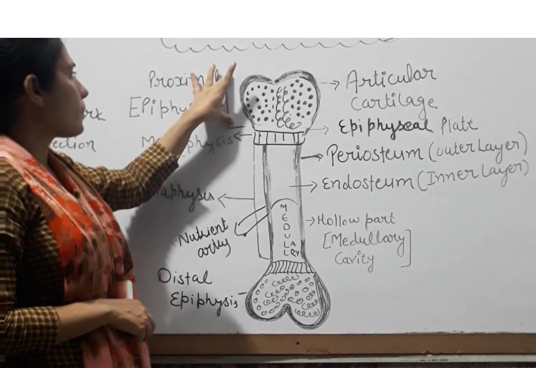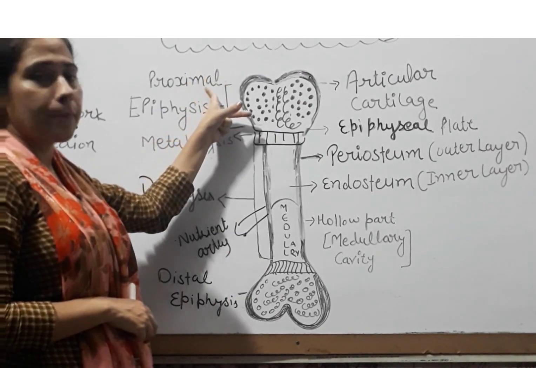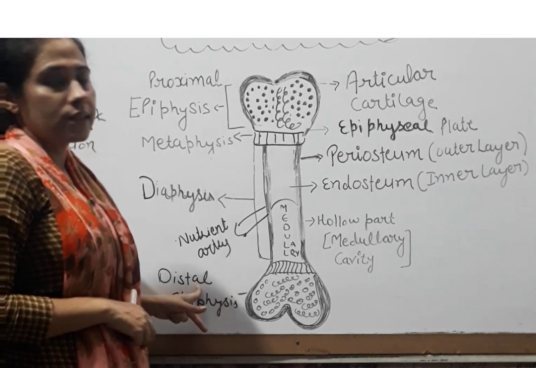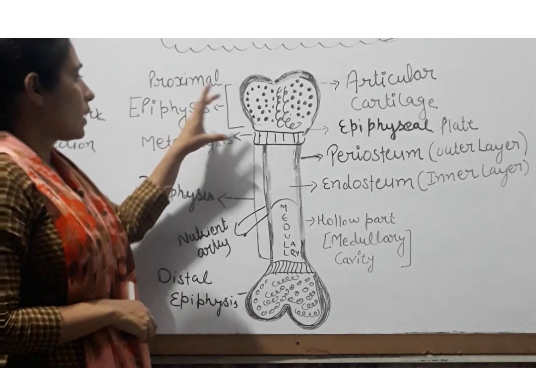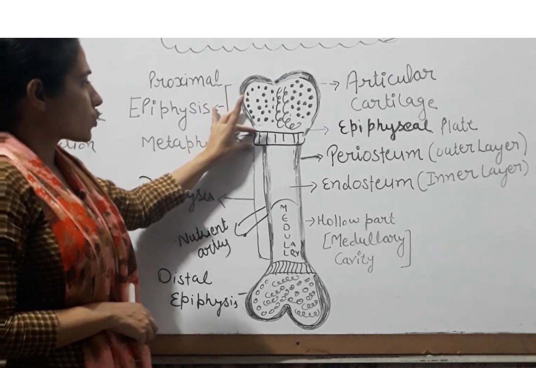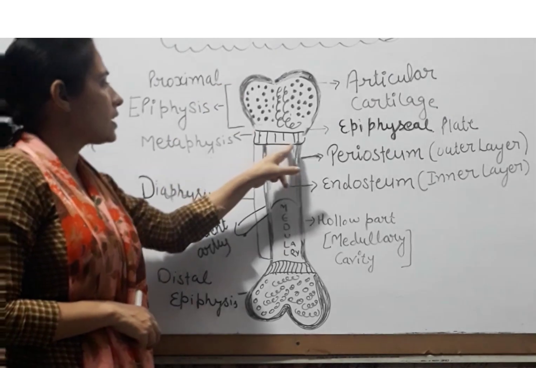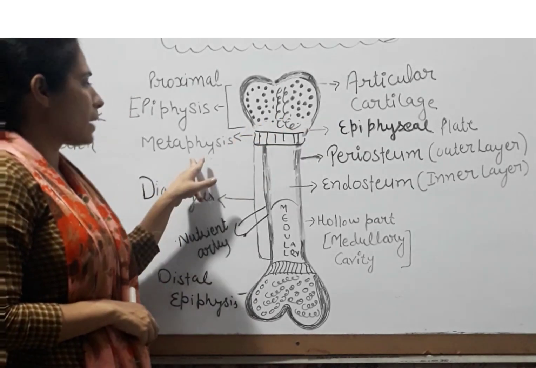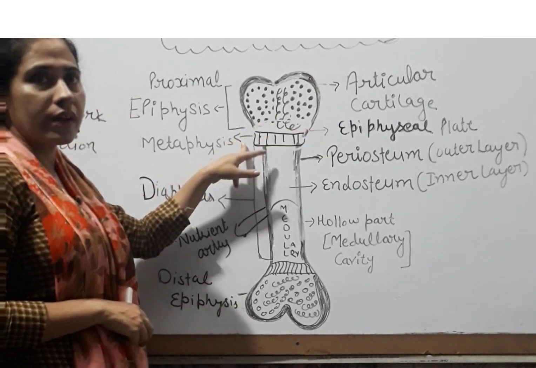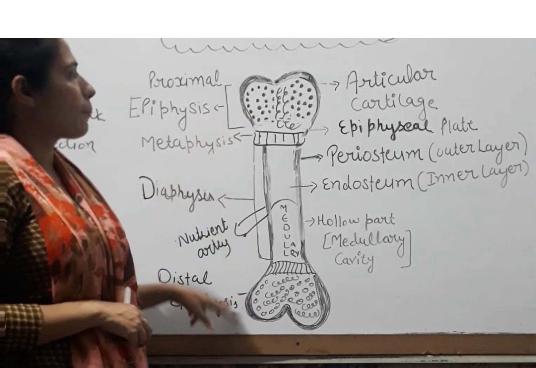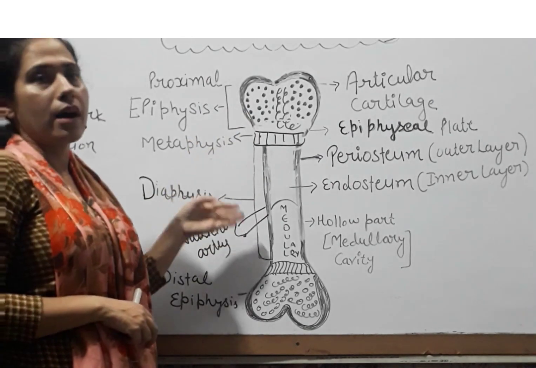The upper one is known as the proximal epiphysis, and the lower one is known as the distal epiphysis. There is a small portion which separates the epiphysis from the diaphysis, and this small portion is known as the metaphysis. We have a metaphysis here, and at the other end we also have a metaphysis. So these are the main parts of bone.